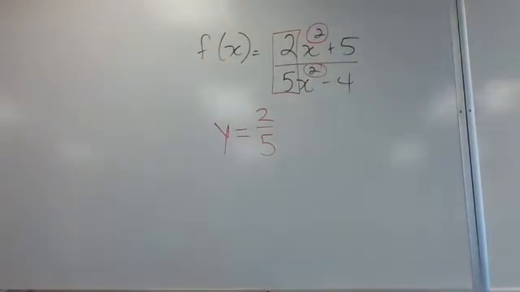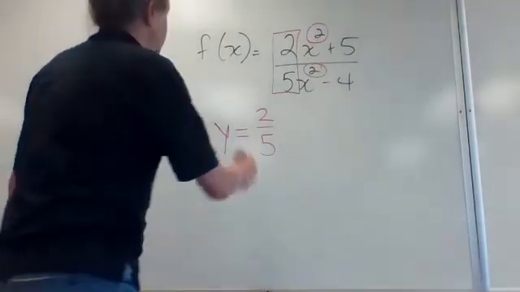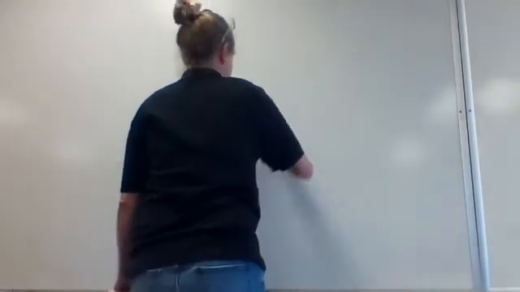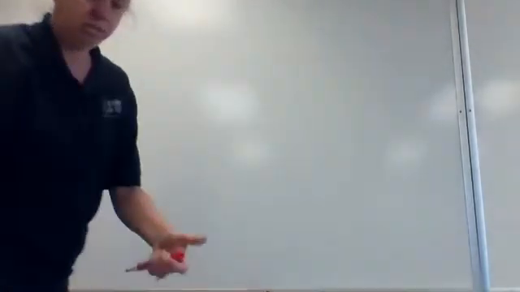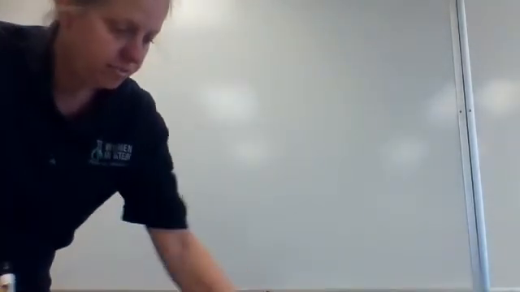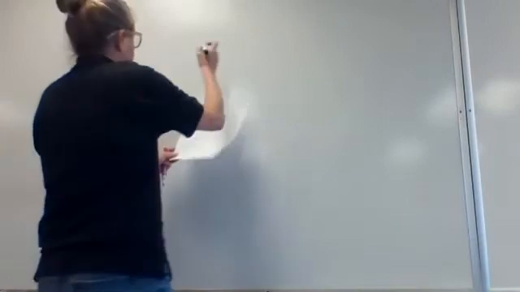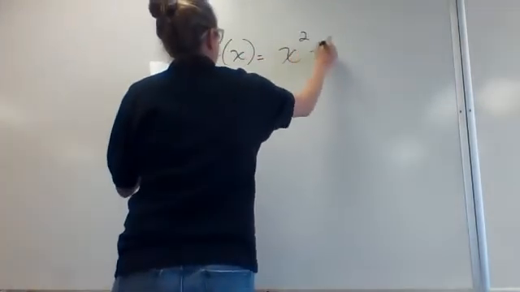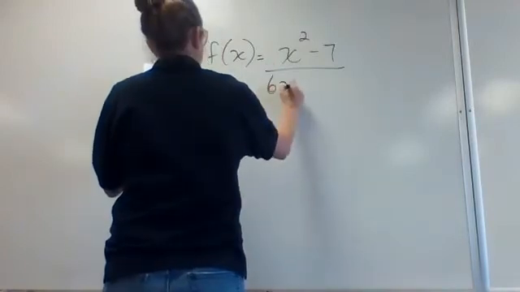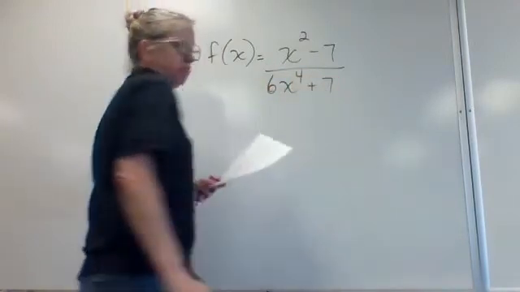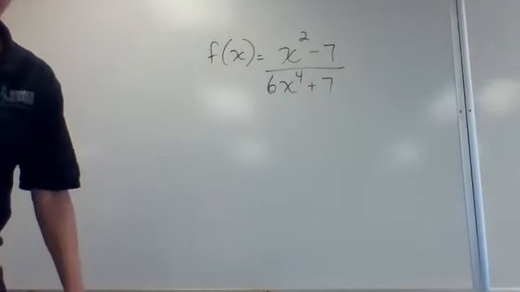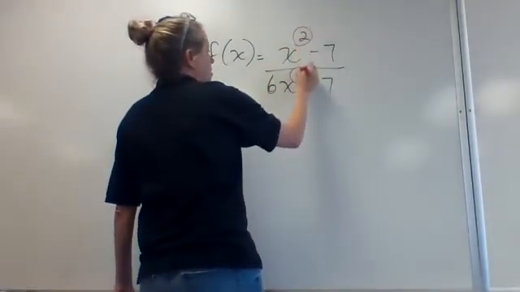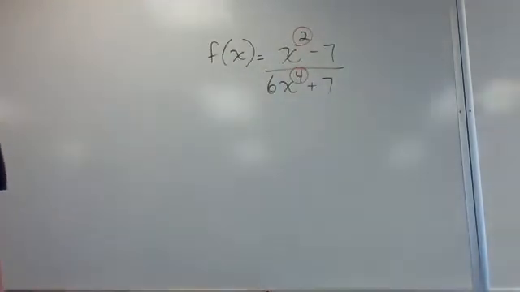Number 12. F of x equals x squared minus 7 over 6x to the 4th plus 7. So the degree of the top is 2. The degree of the bottom is 4.